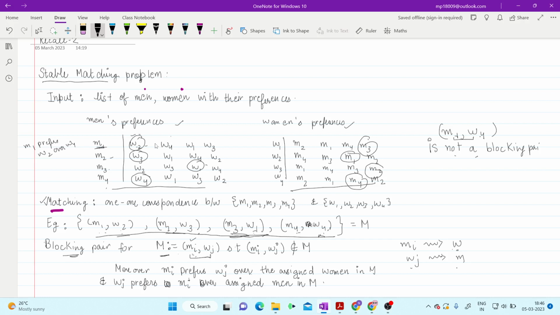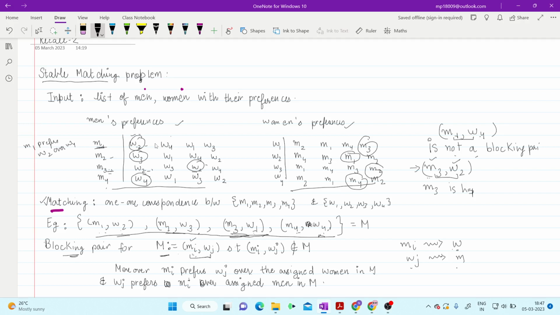But if we look at M3W2, M3 prefers W2 over W1. So M3 is happy. For blocking pairs, both of them should be happy. M3 is assigned W1, but prefers W2, so by this new assignment M3 will be better off.